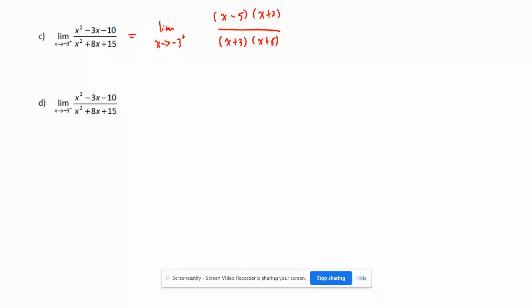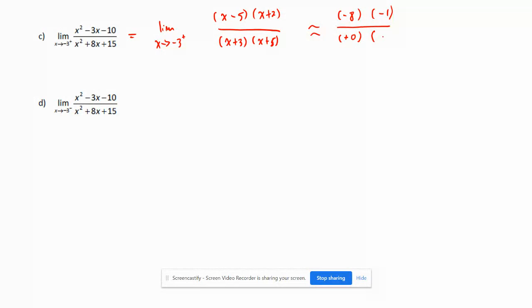Now, let's take x approaching -3 from the right. That's going to make -2.9999 over here, so I'm going to put an approximately equal sign. -2.999 minus 5 is about -8. -3 plus 2 is -1. -2.99999 plus 3 is a positive number close to 0.